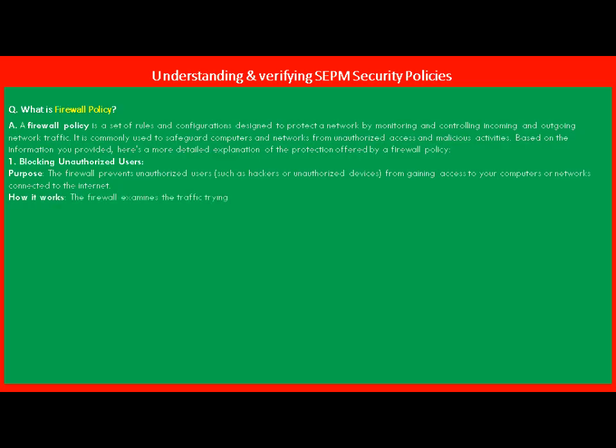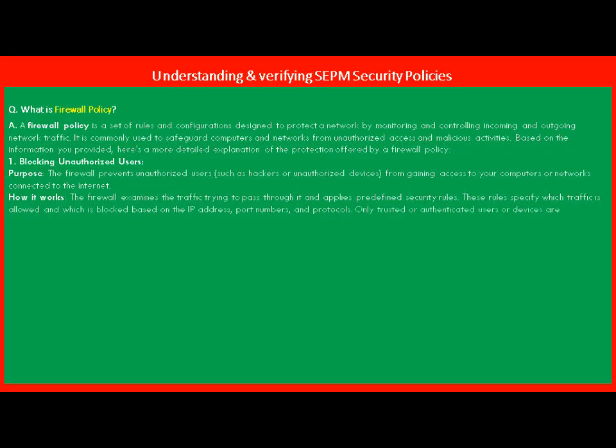The firewall examines the traffic trying to pass through it and applies predefined security rules. These rules specify which traffic is allowed and which is blocked based on the IP address, port numbers and protocols. Only trusted or authenticated users or devices are allowed to connect to the network.